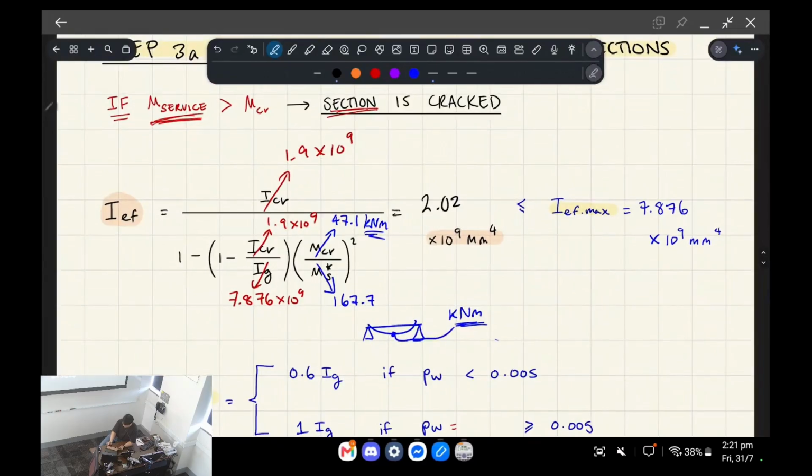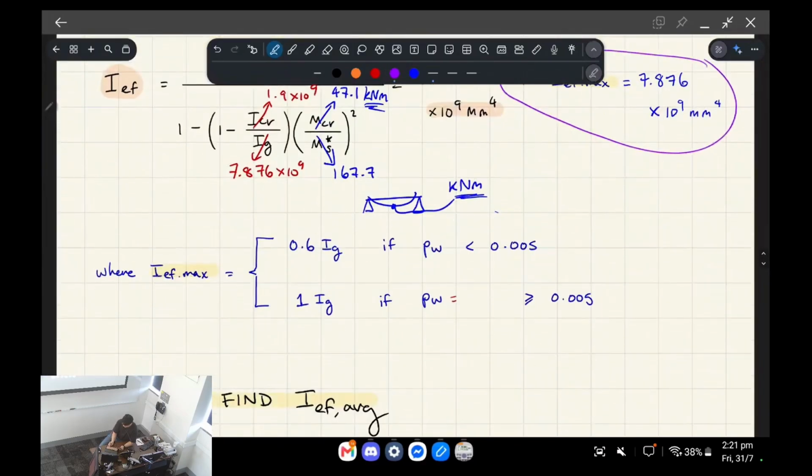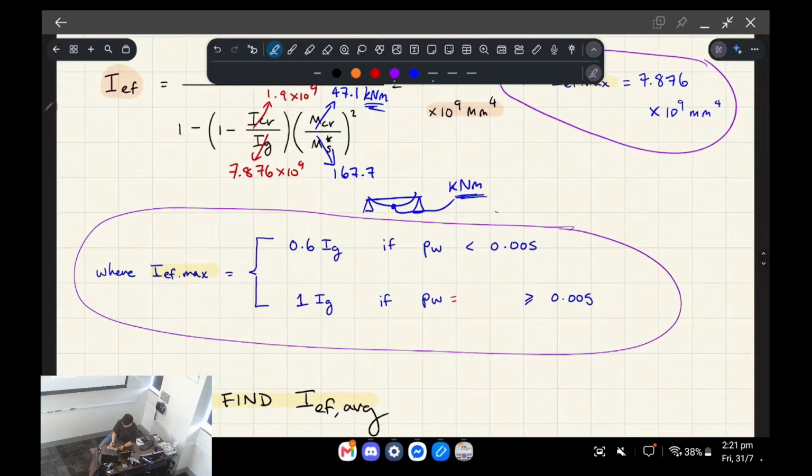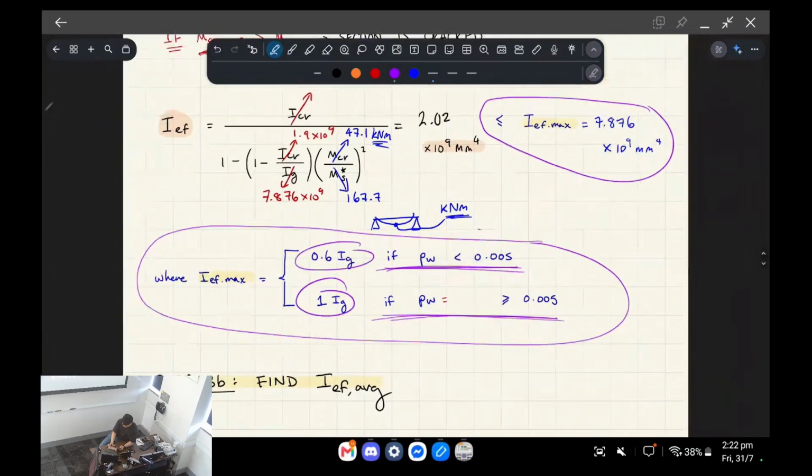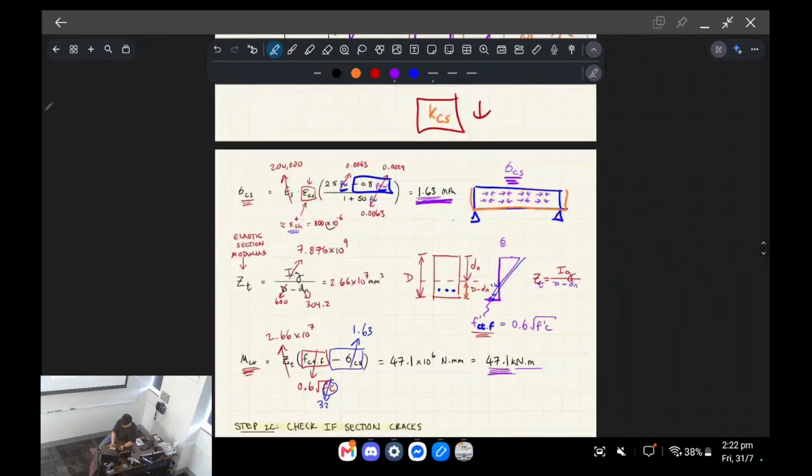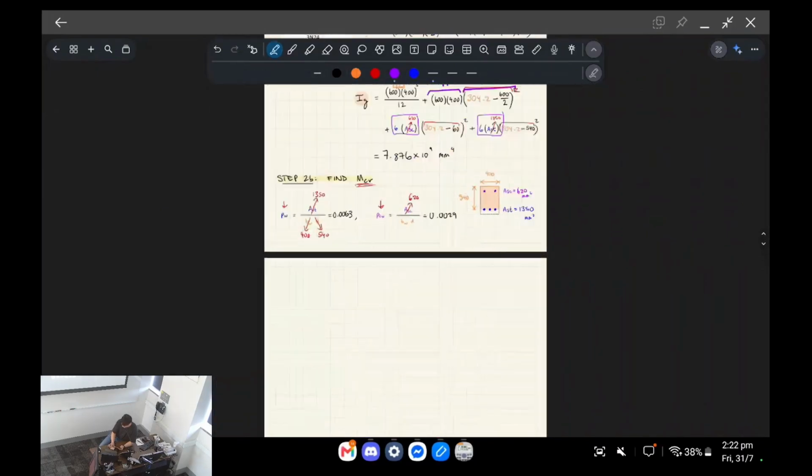Okay. And then we've got this right-hand side of the equation, and that is dependent on this if statement. So it says if PW is less than this, or if PW is greater than this, then do this or this, okay? So PW was actually calculated in a previous step, when we were trying to figure out the cracking moment.